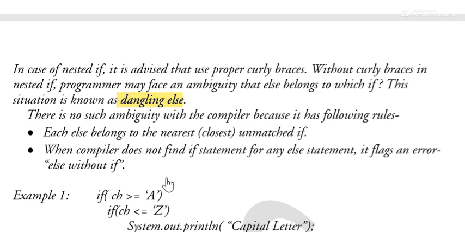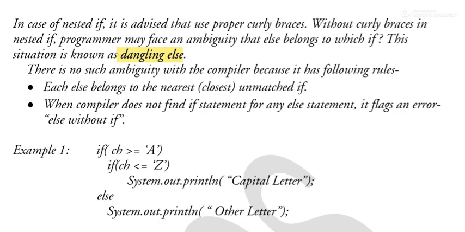For example, look at example 1. Here, first if, second if, and there is only one else. Now, the programmer may be confused about whether this else belongs to the first if or the second if.